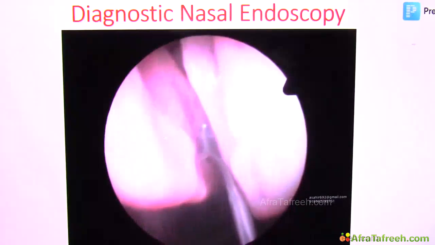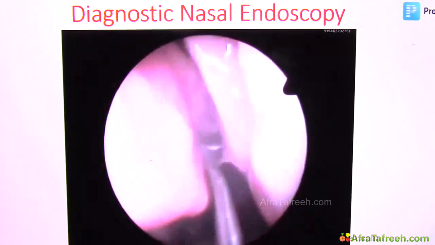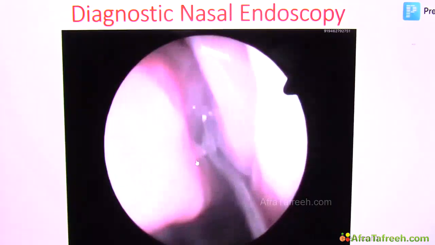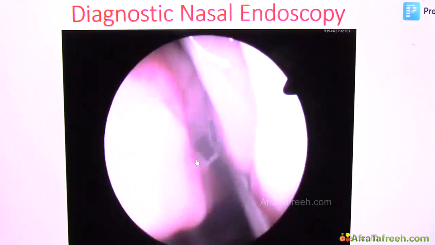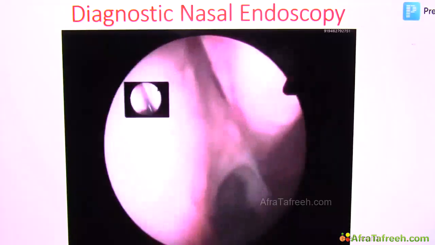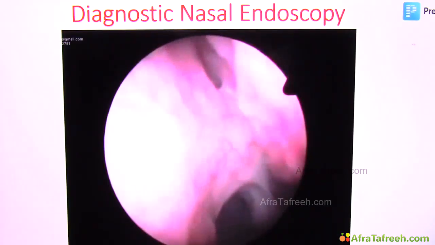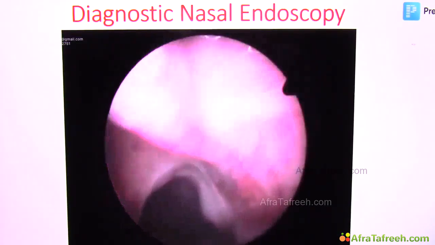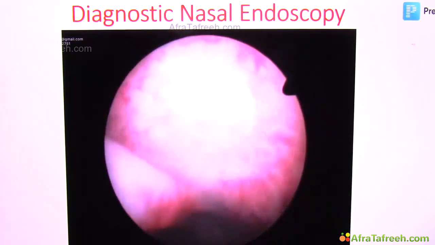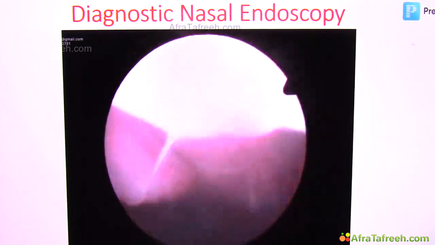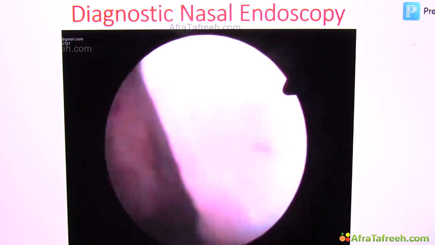This is the middle turbinate which is being shown to you. Now this third pass we can do another way. The first was going directly. The other way is you go straight, just like you went in the first pass, and then you rotate your endoscope below the middle turbinate and come into the middle meatus, and then while withdrawing the endoscope you can see these structures.